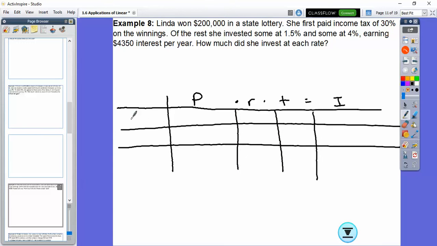On your rows, you can call them the first, the second, and the total, or you can label them with your percents, whatever you like.